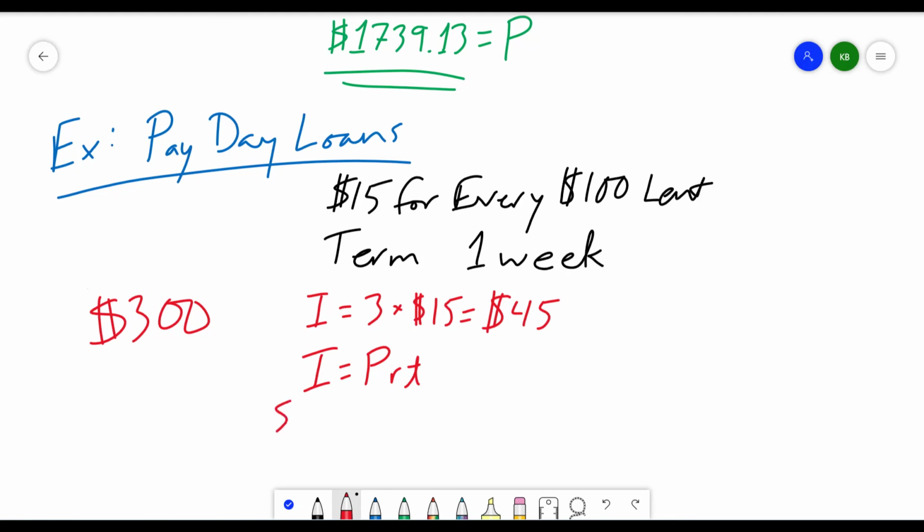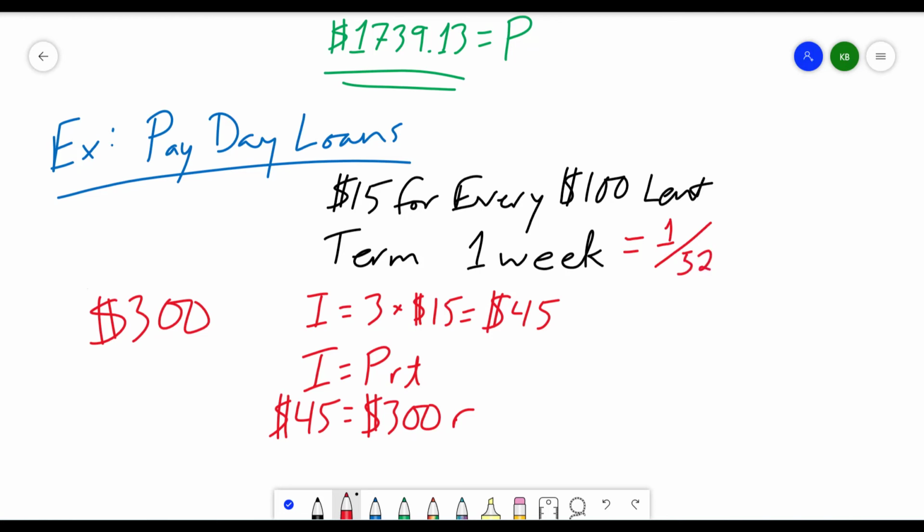So my interest was $45. My principal was $300. I don't know what the interest rate was. And the time that I had it was 1 week. So let's put weeks in terms of years here. So 1 week equals 1 out of, remember, there's 52 weeks in a year, right?